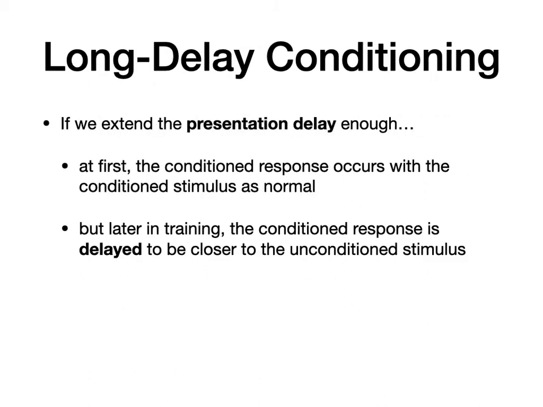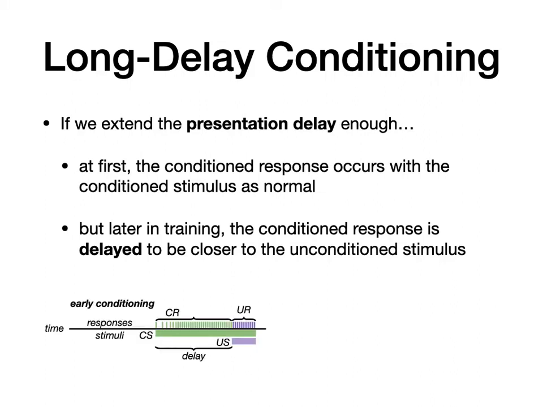So, long delay conditioning: if you extend that presentation delay enough, at first, that conditioned response occurs with the conditioned stimulus as normal. But in later training, let's look at this first. If you have an extended delay, right? You ring the bell 2 minutes, 3 minutes before the unconditioned stimulus. Don't quote me on the minute amount. I'm just sort of illustrating the concept.